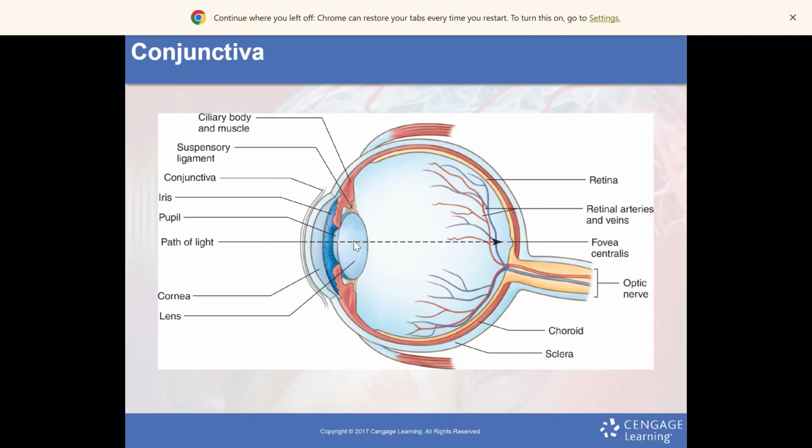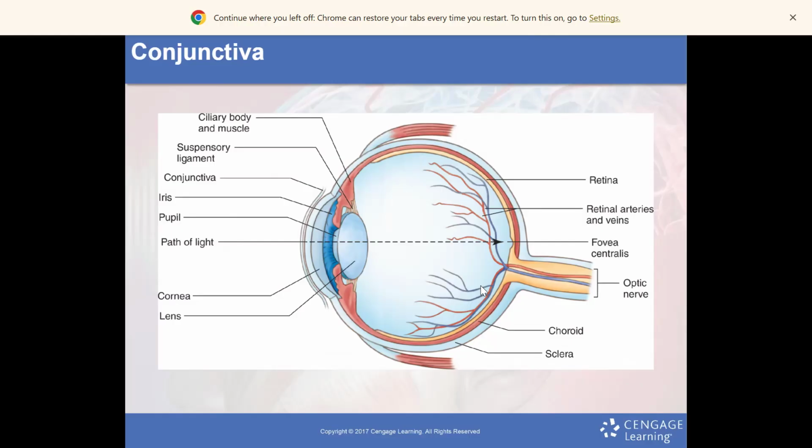When the light comes through the lens, and if their eyesight is perfect or centered, it's going to hit the fovea centralis, the true center of vision on the back of the retina. Within the eye you have fluid. So you have your aqueous humor and then your vitreous humor that helps to keep the eye globe its shape and helps to compress the retina against the back of the eye globe.